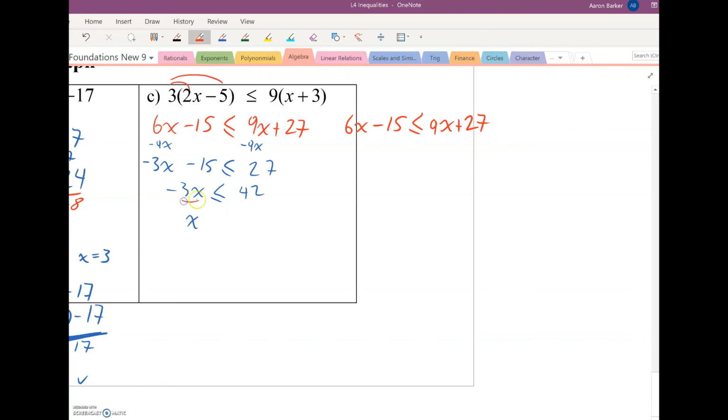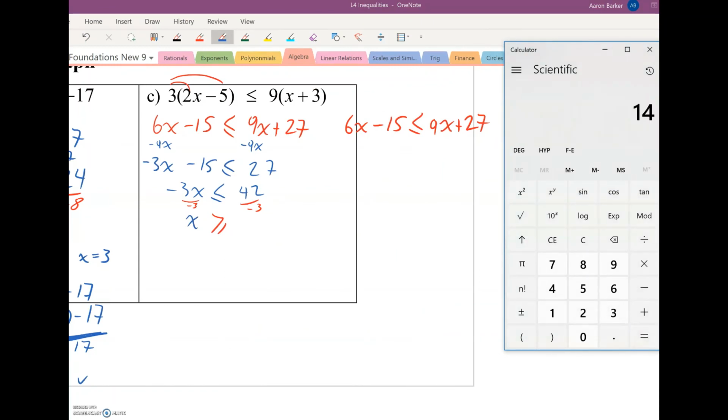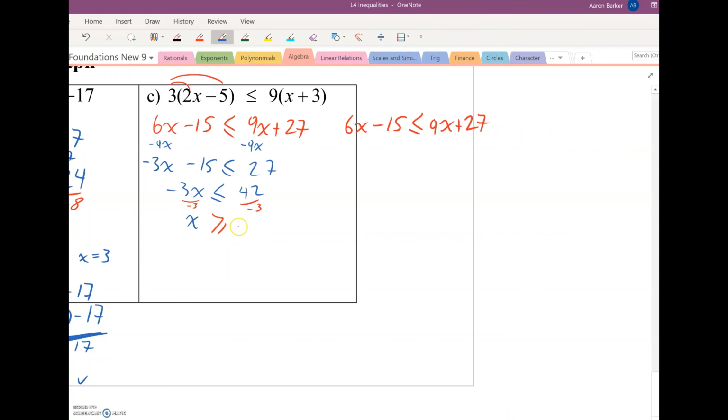By negative 3. So I have to change my sign. Dividing by a negative. 42 divided by 3, too early for me to think, 14. So when I'm dividing by negative, I get negative 14. There you go. Okay. Go ahead and graph that.